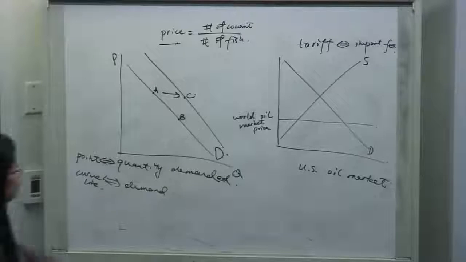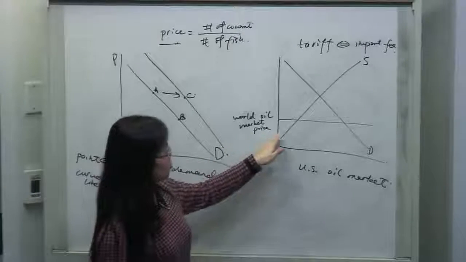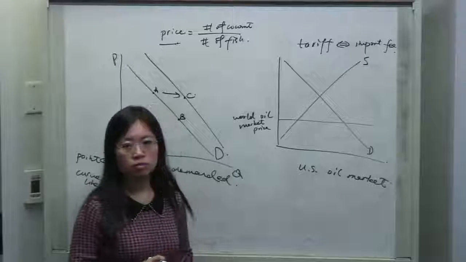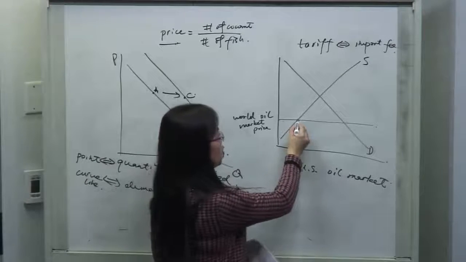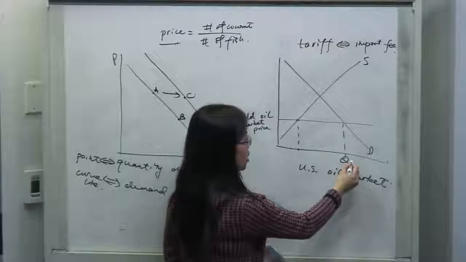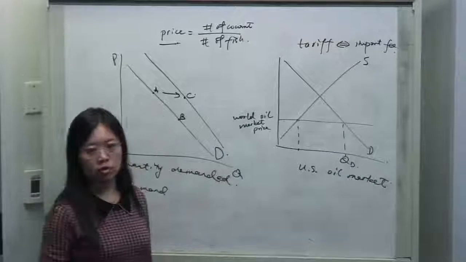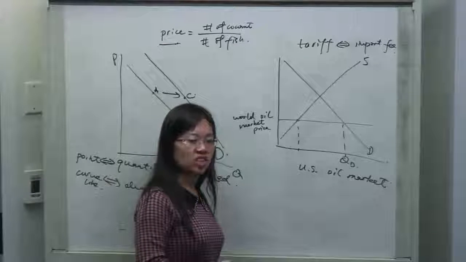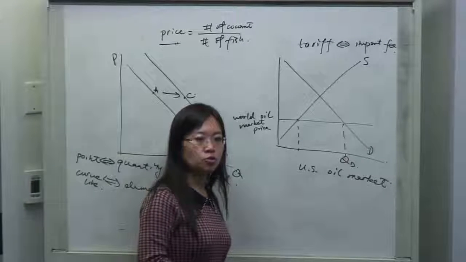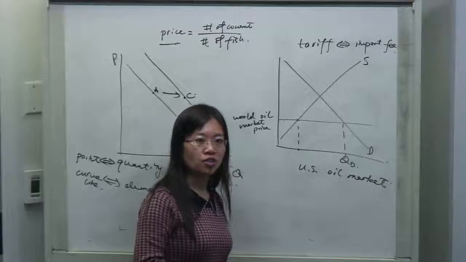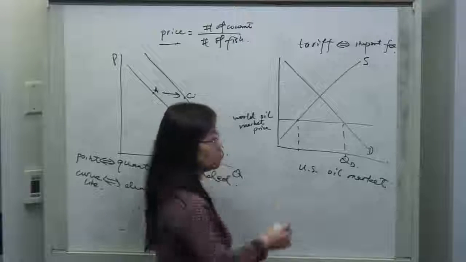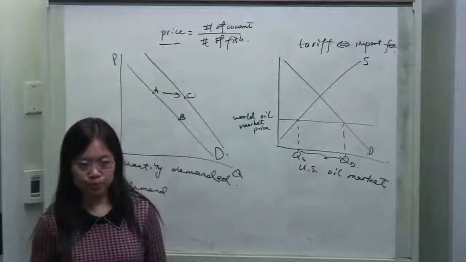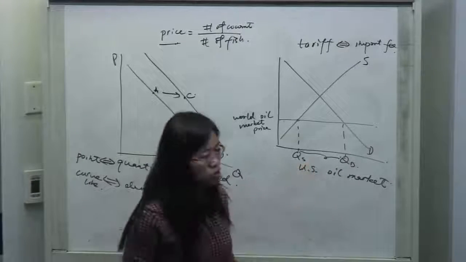If the U.S. oil market follows this world price, what's happening here? You have a shortage. There's a lot of demand; people really want to travel and use oil and gas. But the U.S. oil producers are reluctant to produce and sell a lot because they're not going to make much money. So you're going to have this shortage. But how is this shortage going to be met?